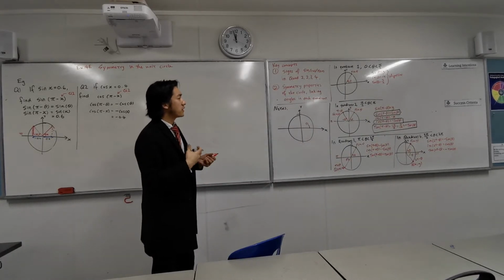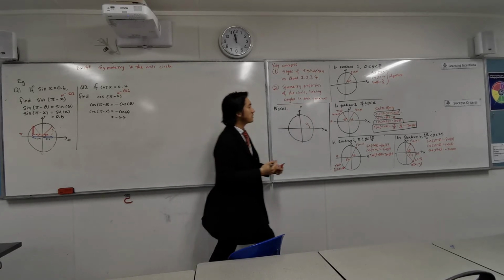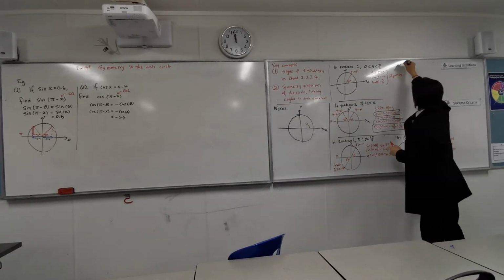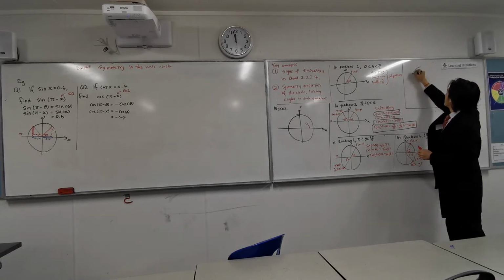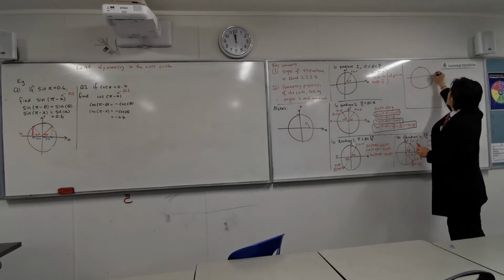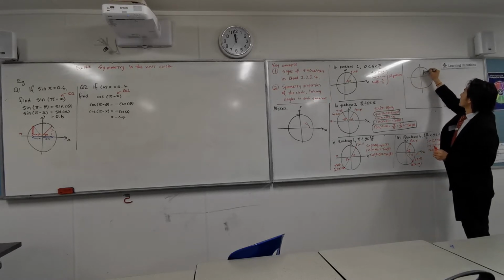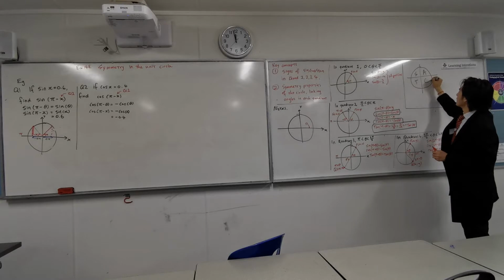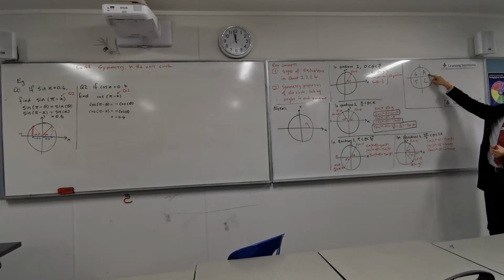Okay, now there's a way to summarize all of these together, and this is to use the rule. The rule is going from quadrant 1, 2, 3, and 4, we can label it A, S, T, C. A stands for all trig ratios are positive.